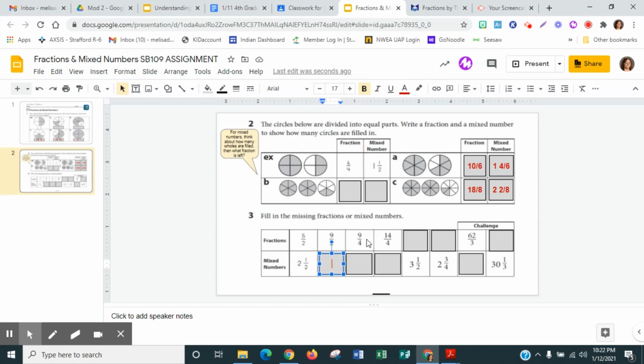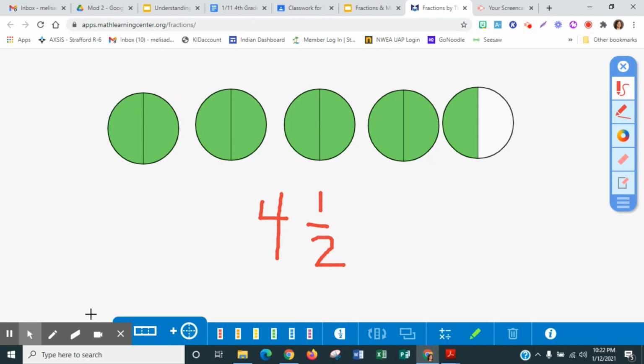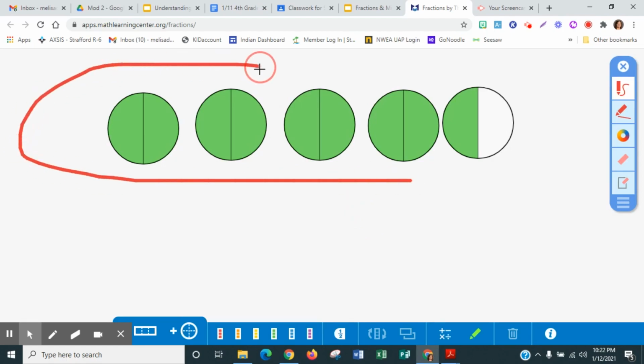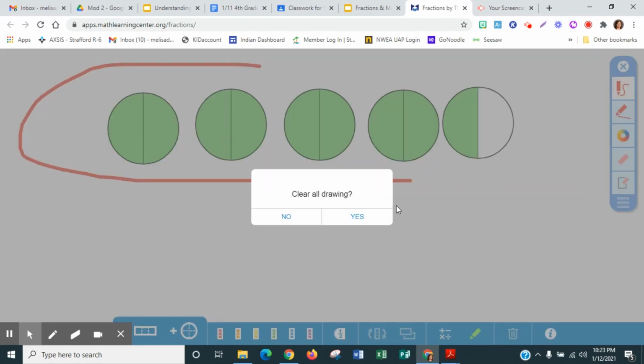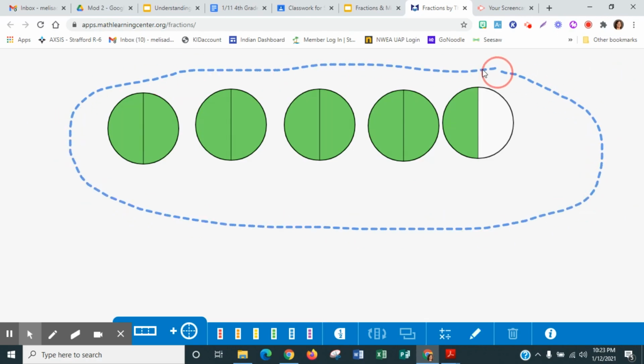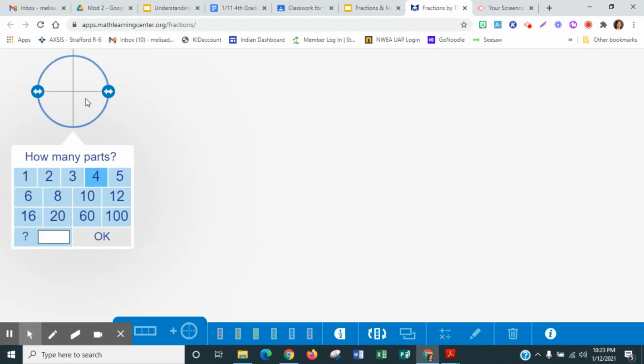For this one, we have a 9 again, but it's 9/4. That's going to be a little bit different. So let's start over here. Oops. So sorry. Let's get rid of that. So this time I need 4 parts.